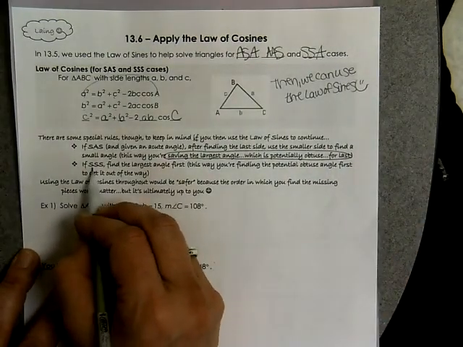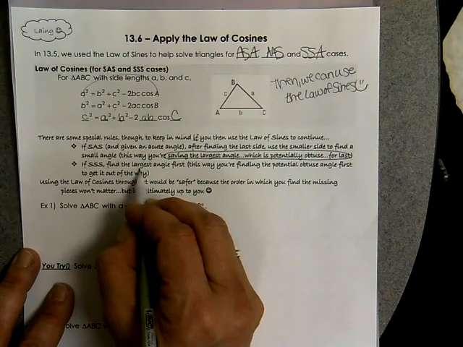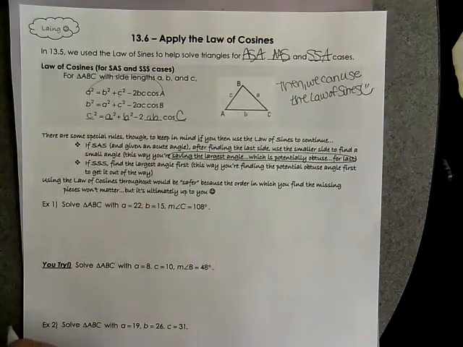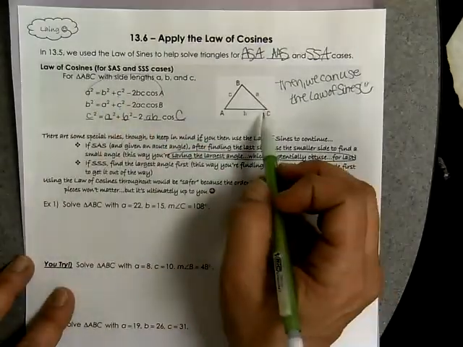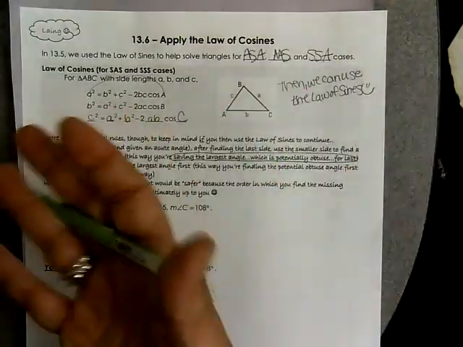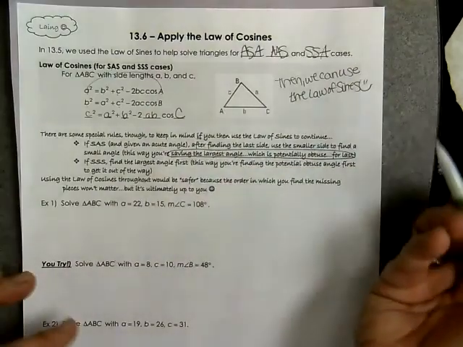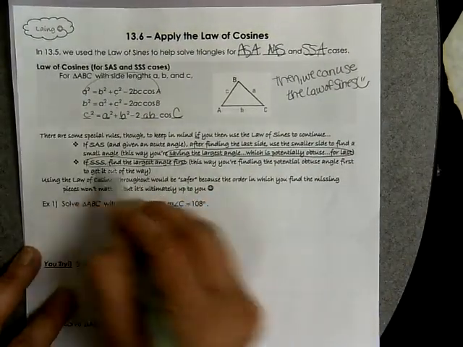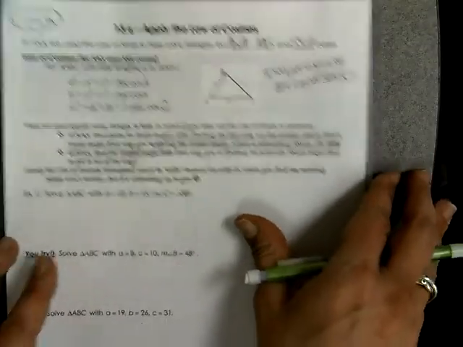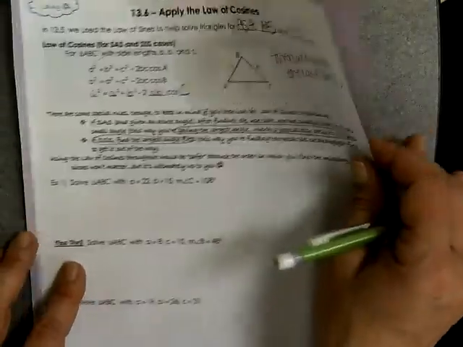Then if it's side, side, side, you find the largest angle first so that you're weeding out the obtuse angle. Because the cool thing about the law of cosines is that, remember, inverse cosine will give you a quadrant 2 angle. So we'll find the largest angle first if it's side, side, side. I'll show you that thought process as we go forward.